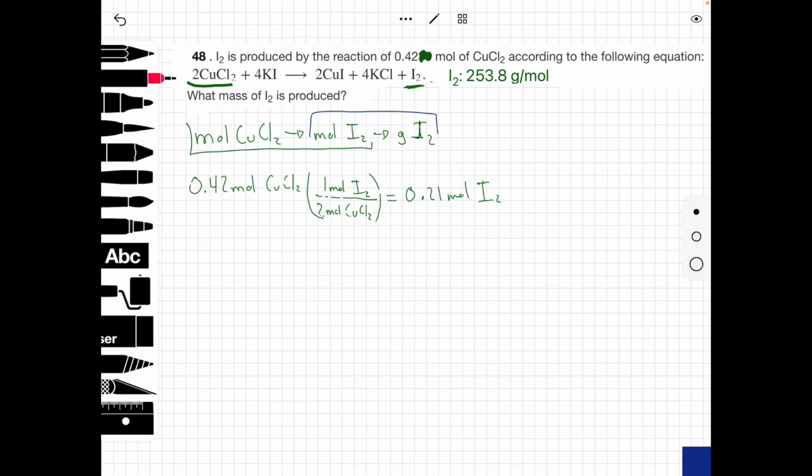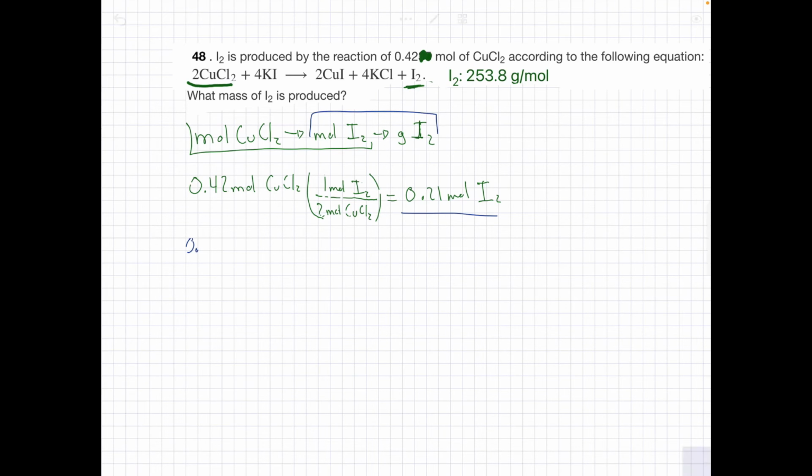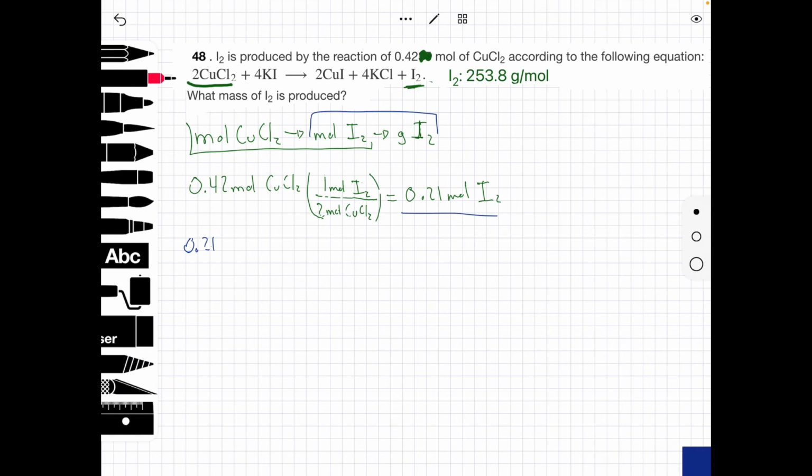We're going to use the same 0.21 moles of iodine at the beginning here, that we're going to multiply, but now using the molar mass as our conversion factor. 1 mole of iodine is equivalent to 253.8 grams of iodine.